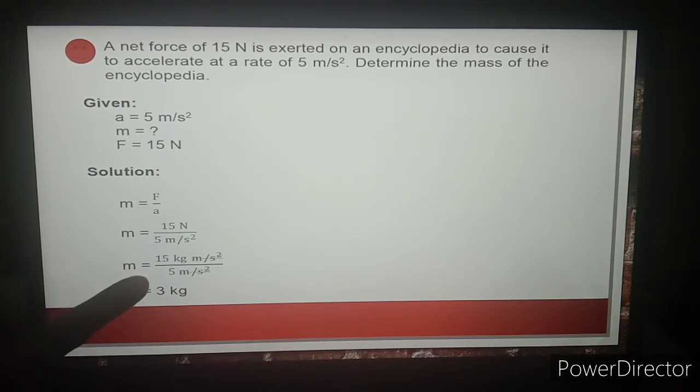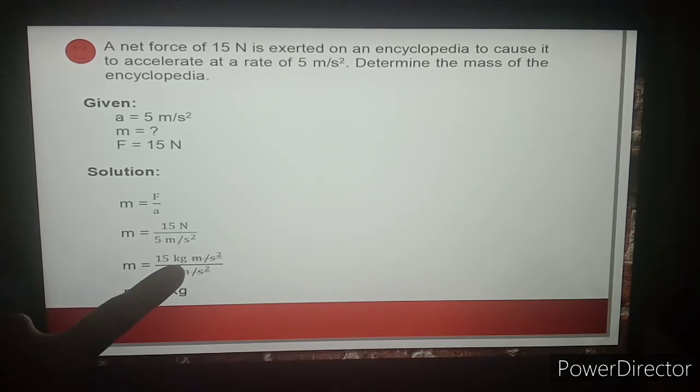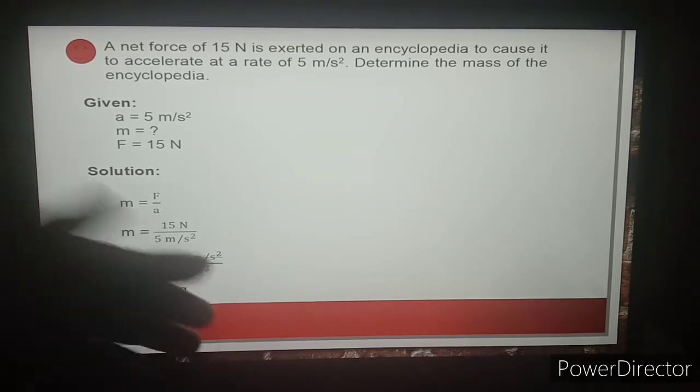Alright? So, just like what we did earlier, we write the units involved in Newton. So, we have here kilogram times meter per second squared. And then, we're going to cancel out the same units. Yung same units po dyan is yung meter per second squared.